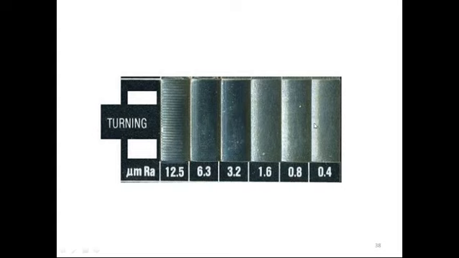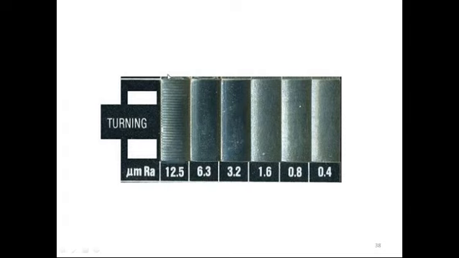So if you observe, when we are machining, a 0.4 Ra value means the surface is very smooth. 0.8 is a little bit rougher compared to this one. If you consider the 12.5 Ra value, it is a much rougher value than 0.4. So 0.4 is a smoother value as compared to 12.5.